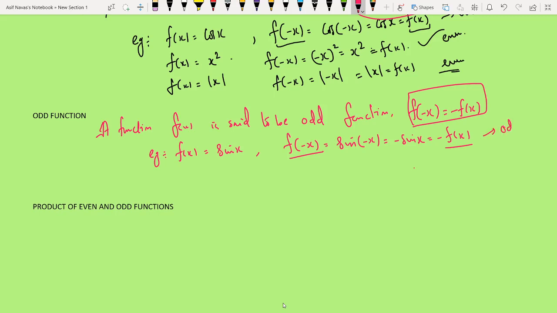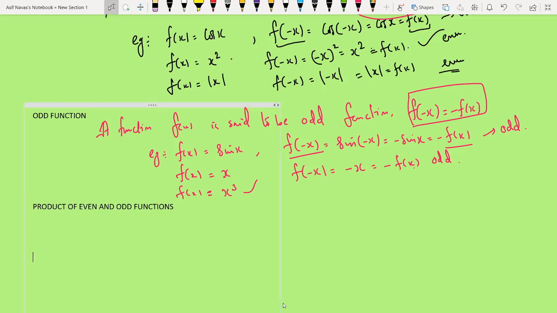This is an odd function, right? If you take f of x equal to x itself, then f of minus x is equal to minus x, which is equal to minus f of x. This is an odd function. Similarly, any odd degree power, like x cube, is an odd function. So such functions are called odd functions.